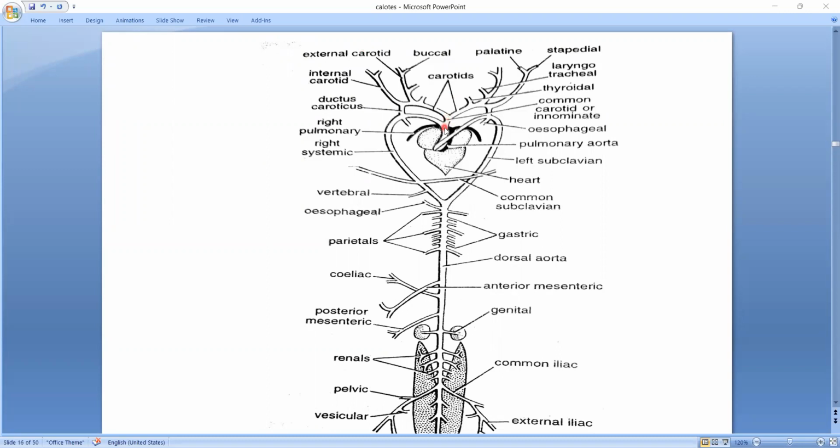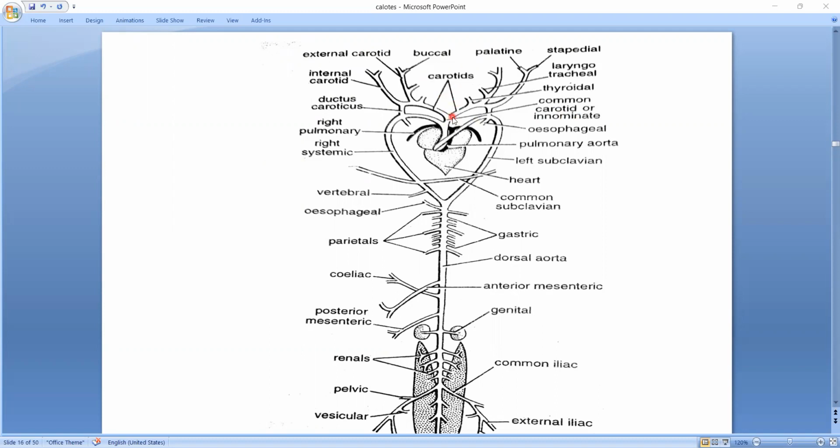So that is about the common carotid or innominate artery. Once again, I am repeating. The right systemic artery, immediately after crossing the heart, gives a stem-like common carotid artery or innominate artery. Immediately it bifurcates into left and right carotid arteries.